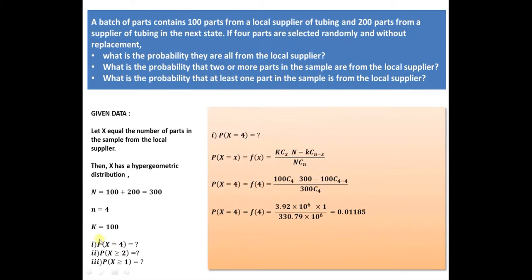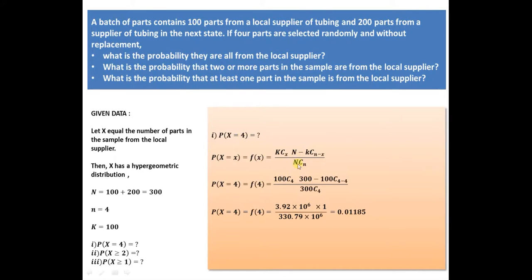So in the first case, we have to find the probability of x equal to 4. Using the formula, probability of x is equal to kCx times (N minus k)C(n minus x), divided by NCn. Substitute the value of k, which is 100, so 100C4, since small x is 4 in this case.